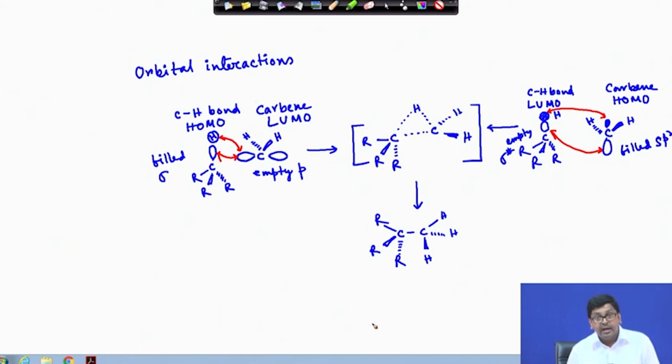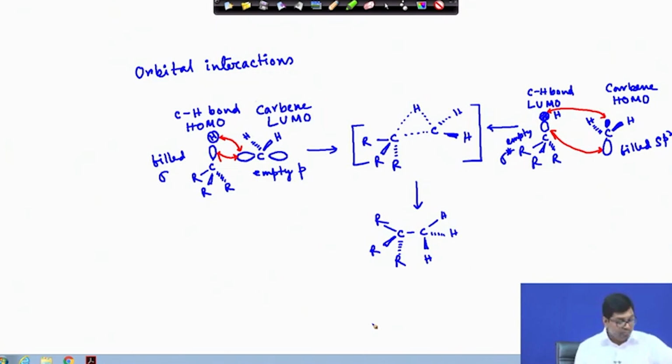Additionally, this mechanism implies that if the carbene species is inserting into a stereo center, then retention of configuration is predicted, because this reaction is going via a concerted manner.